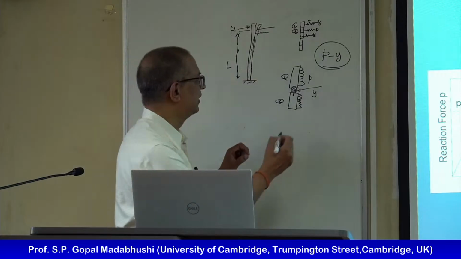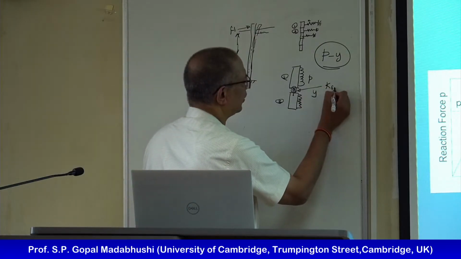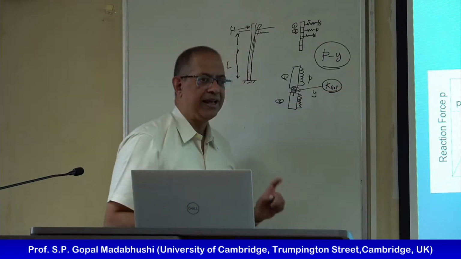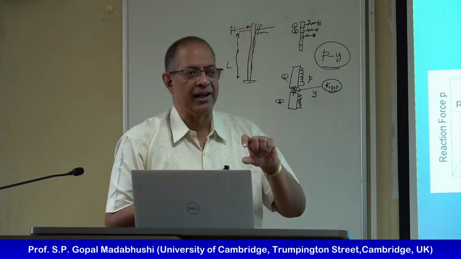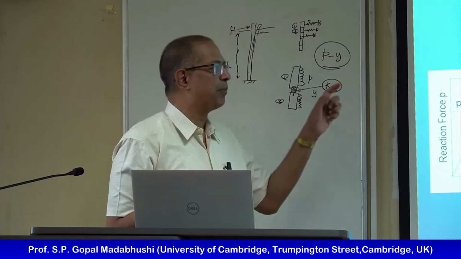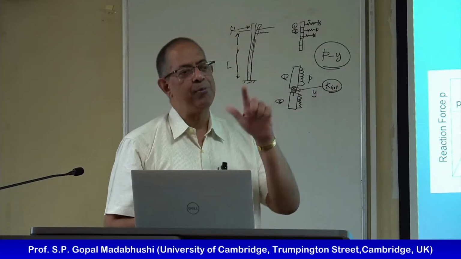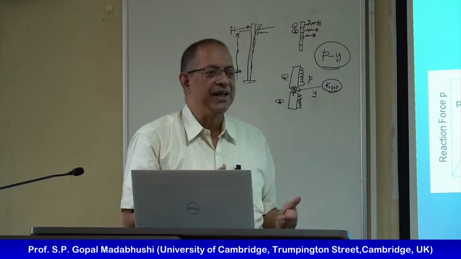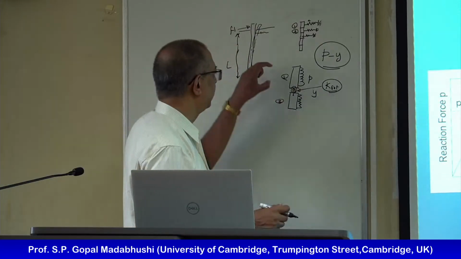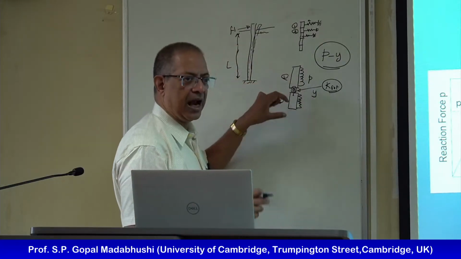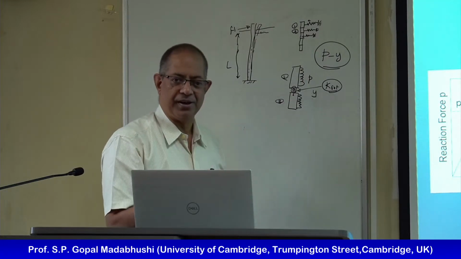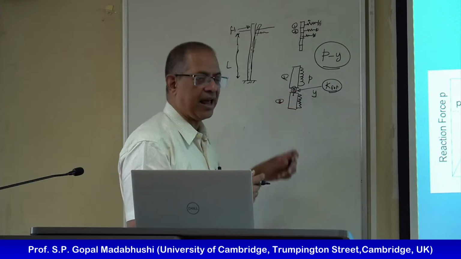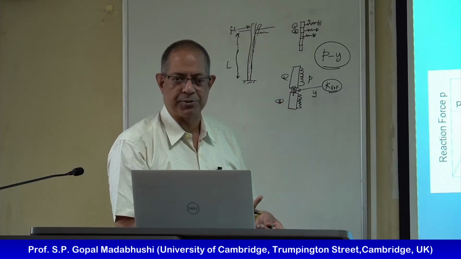This rotational spring K is there because we took our pile and cut it into little elements. Obviously, the real pile is all one unit, so it has bending stiffness. So I take each element as rigid, and I mimic the bending stiffness as the rotational stiffness of the spring.